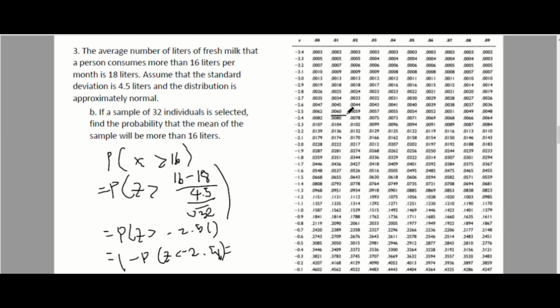So we have here 0.006. So 1 minus 0.006, we have 0.994. So for letter B, again, the probability is very high.